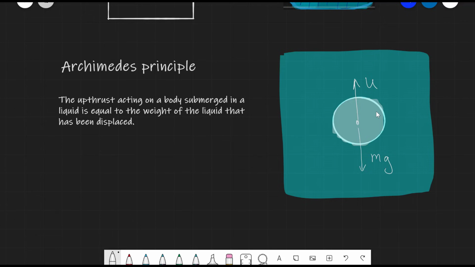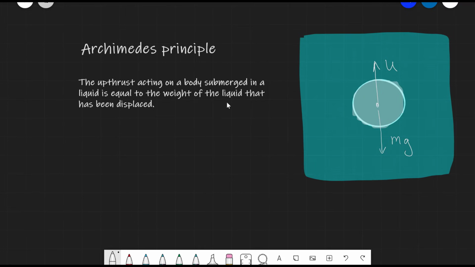Now, Archimedes' principle once again states that the upthrust is equal to the weight of the liquid that has been displaced. Well, let's say that the upthrust is equal to the weight. Let's say that this is water, just to keep everything simple. So I'm going to say that this is equal to the weight of the water. Now, the weight of the water is just equal to the mass of the water multiplied by g.